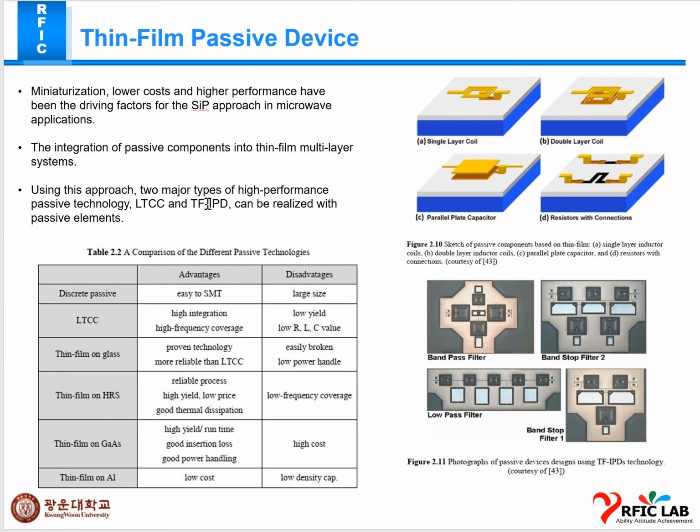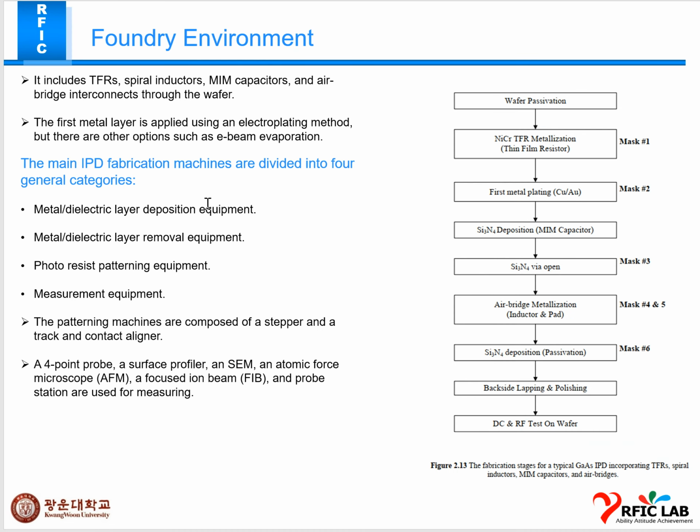Thin film on GaAs has high yield, good insertion loss, and good power handling, and the disadvantage is high cost. Thin film on Al has the advantage of low cost, and the disadvantage of low density capacitance.